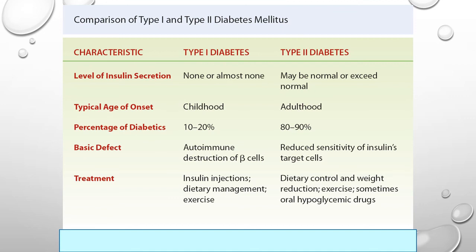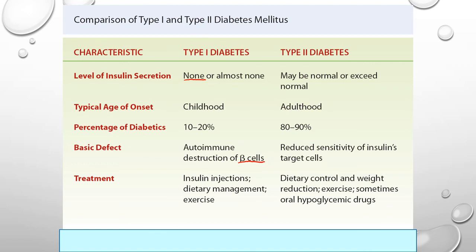In type 1 diabetes, oftentimes this is seen as an autoimmune disorder, and it decreases or destroys the function of our beta cells. And so those beta cells are essentially destroyed. So the amount of insulin that's being produced is typically none, or just a very, very small amount that does not have any kind of consequence in terms of the amount of glucose that can be taken up.